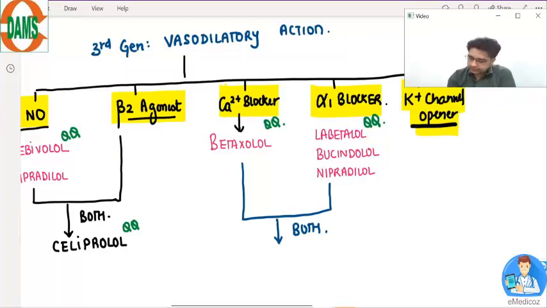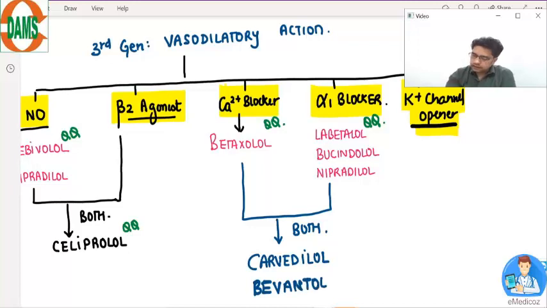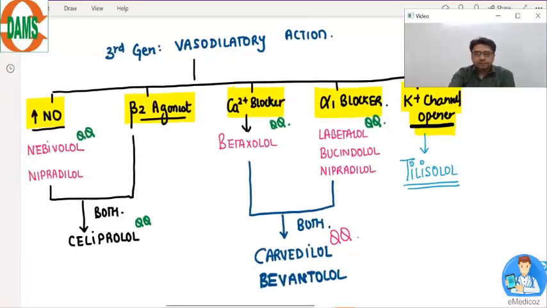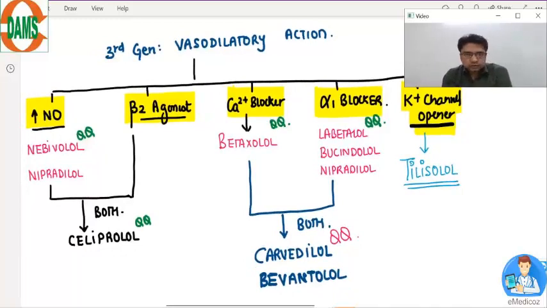That drug you will write is carvedilol, bevantolol, and don't forget this carvedilol. And the last drug we will write is tilisolol.